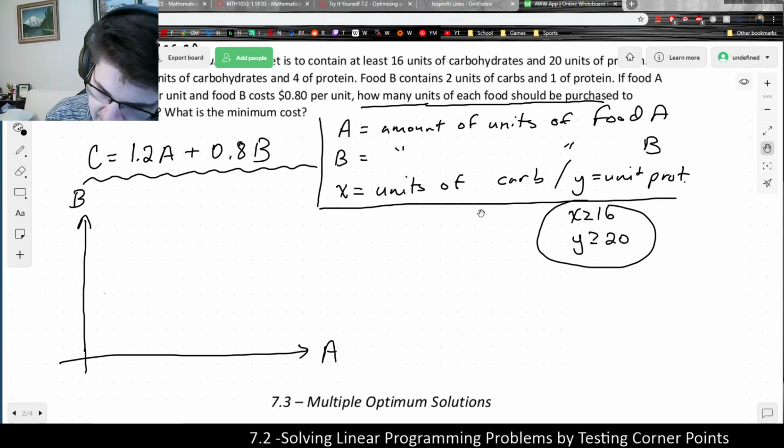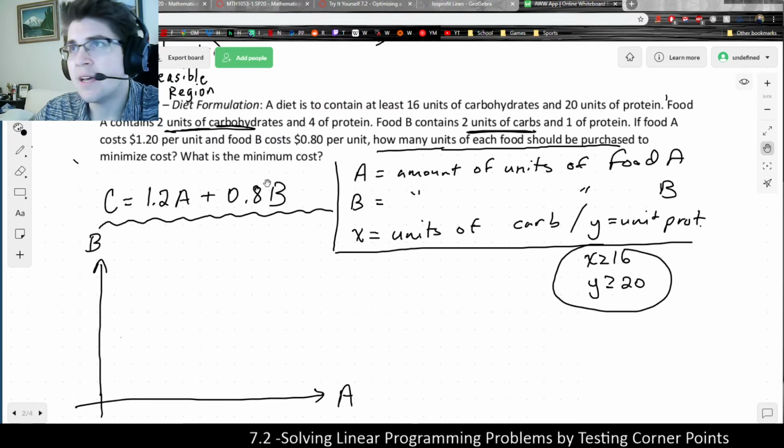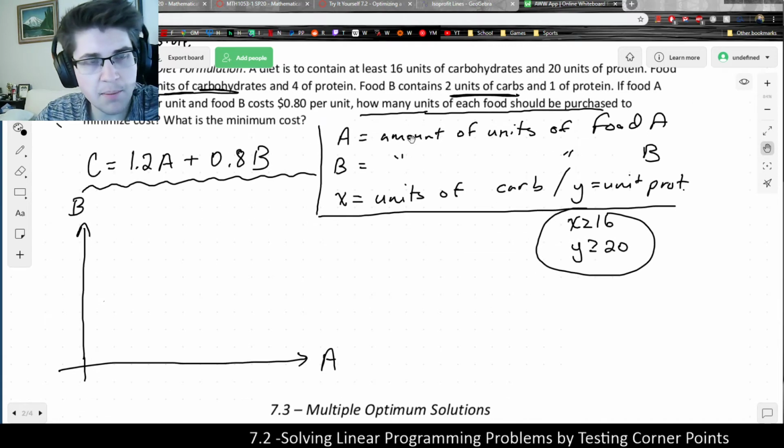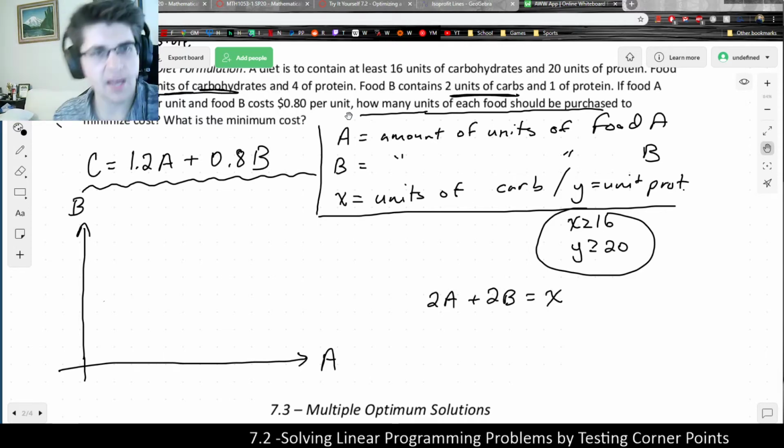But in reading the second and third sentence, food A contains 2 units of carbs and 4 of protein. What I could look at is how much carbs each of the foods have. Because obviously, if I'm going to buy that food, those are all going to be joined in my diet. Basically, however much A I buy is going to contribute 2 units of carbs, and however much B I buy is also going to contribute 2. So I could write that as the equation 2A plus 2B, and this will give me the amount of carbs I have in my diet, right?